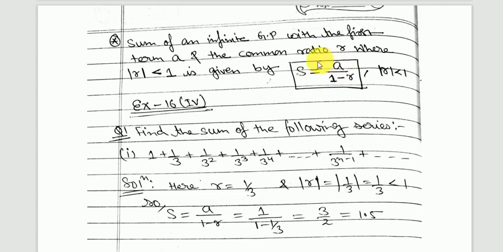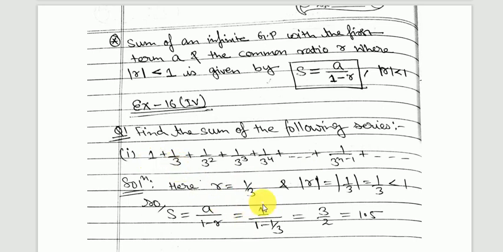Here, in exercise 16.4, find the sum of the following series. I've taken the first one, 1 plus 1 upon 3 plus 1 upon 3 square plus 1 upon 3 to the power 3 plus 1 upon 3 to the power 4 plus so on. It is an infinite series because the terms are not ending. Firstly, you can see the first term is 1 and the common ratio is 1 by 3.